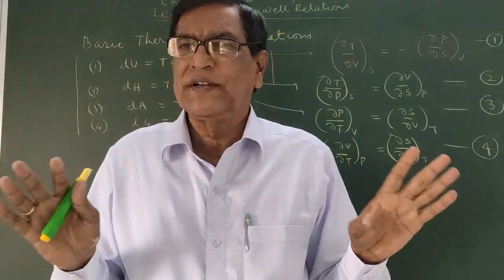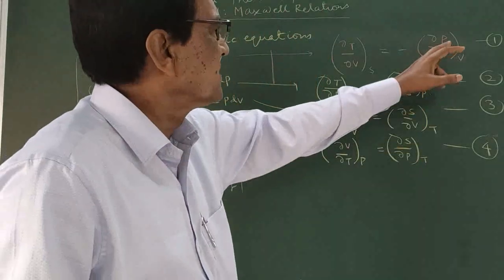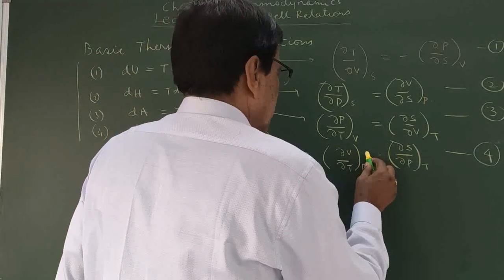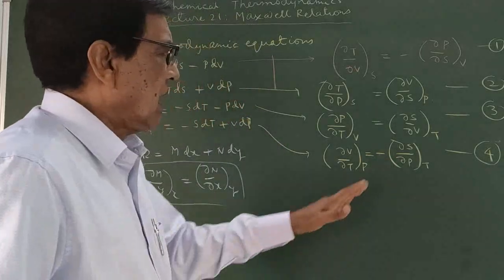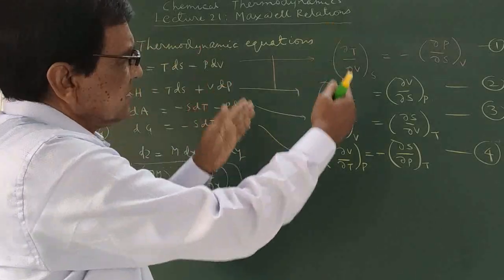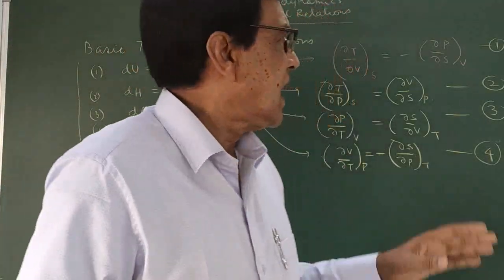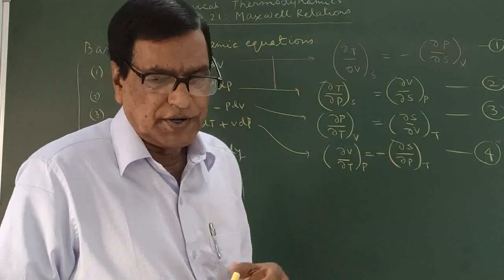No such instrument exists to determine the entropy of a system. So the right-hand sides are non-measurable quantities. These relations are an excellent device to measure these unmeasurable quantities in terms of measurable quantities.